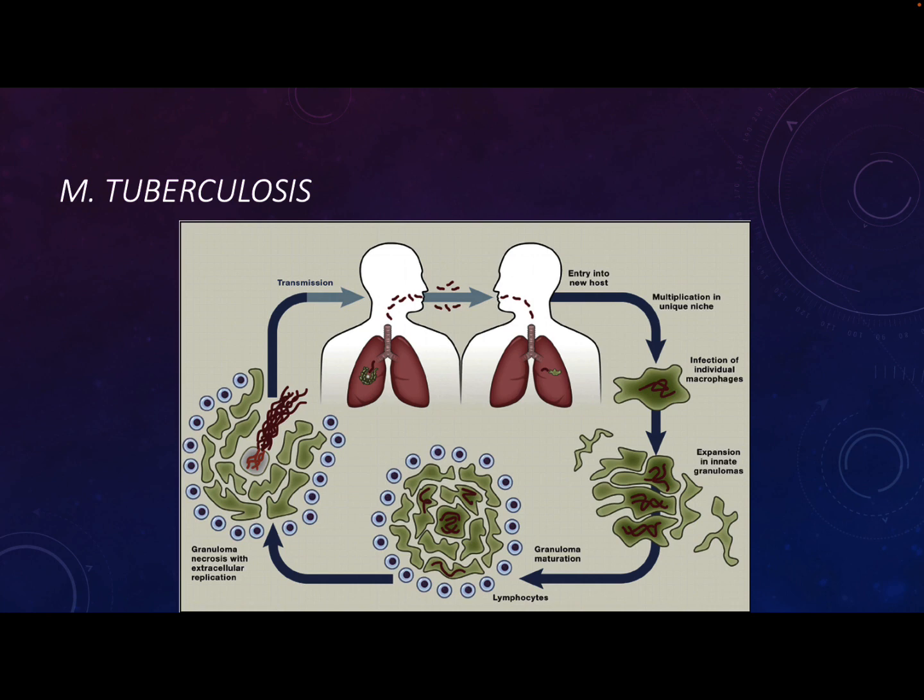Because if you build a wall surrounding your problem, it goes away. Yeah, your problem doesn't go away. You just now have a problem hidden behind a wall. So they use other immune cells to wall off infected macrophages. And those pockets are called granulomas.